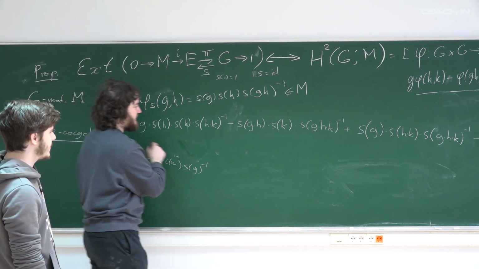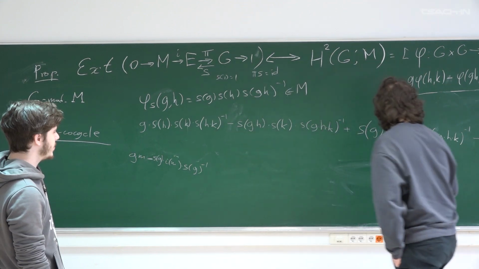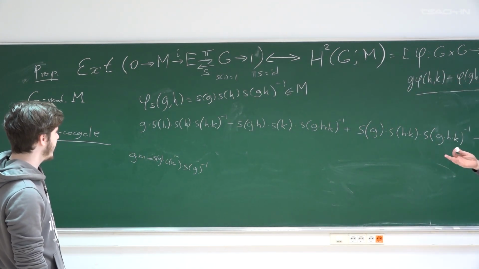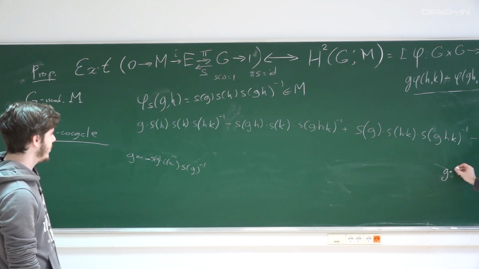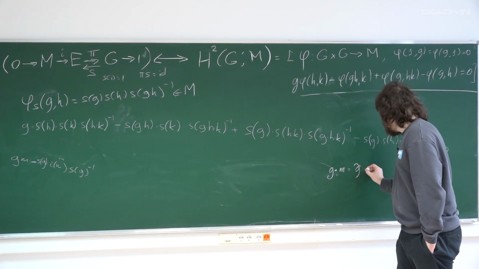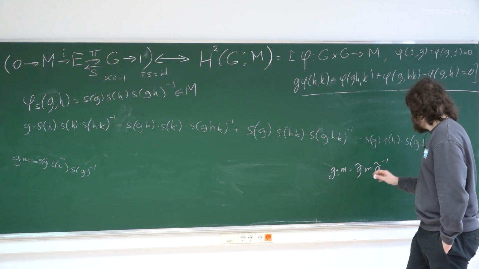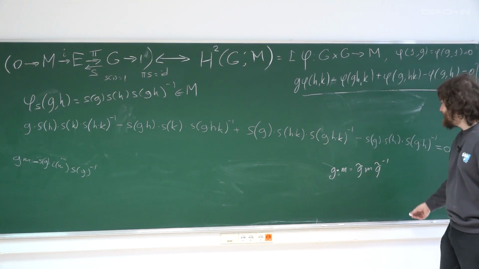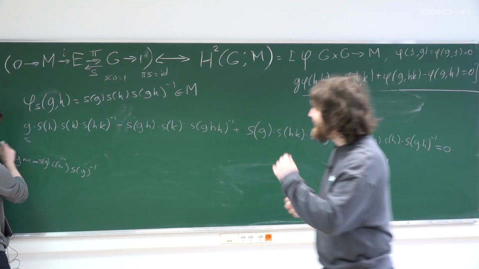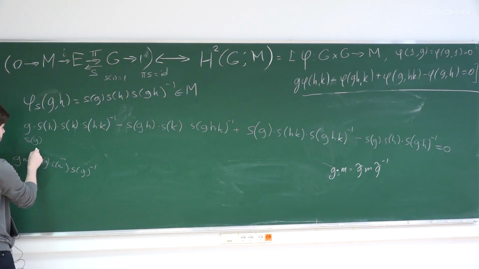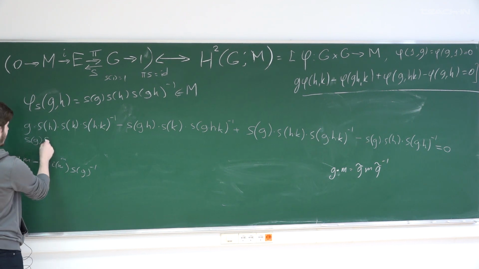This conjugation action doesn't depend on the choice of preimage of G. G acts on M by conjugation by any preimage, for example S of G, but it's not important. Conjugation by any preimage is the same.